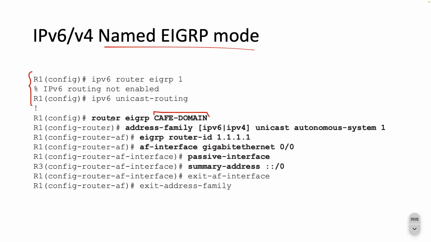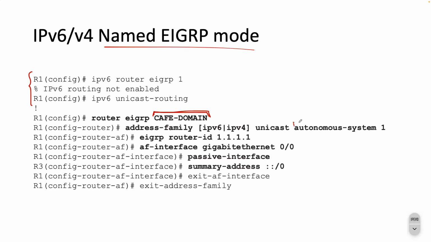Under router EIGRP, you can put a name in text format, using any characters. Then you need to define your address family, whether you want to run IPv6 based or IPv4 based neighborship, IPv6 or IPv4 unicast.